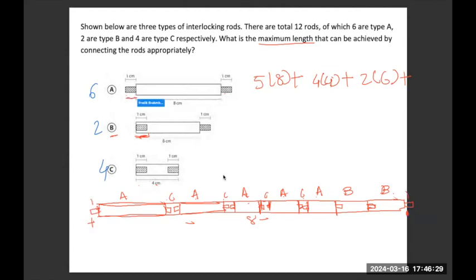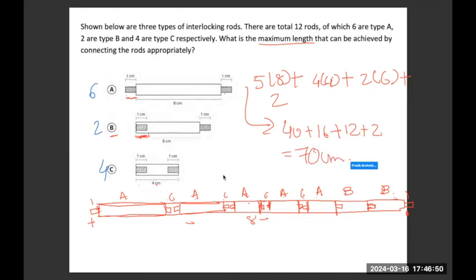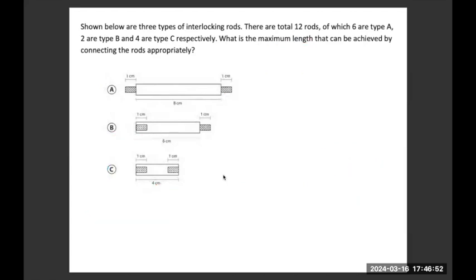This will be equal to 40 plus 16 plus 12 plus 2, which is equal to 70 centimeters. Okay, we'll move to the next one now.